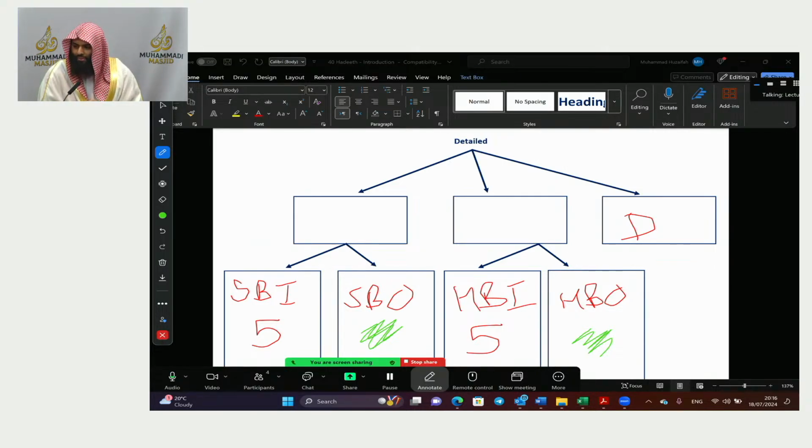But then we have Amash, who's Hasan li dhati. He's Hasan by itself. He's not da'if, but average. But now he's walking down the street with Haydar, with Usama, and with Shiraz.